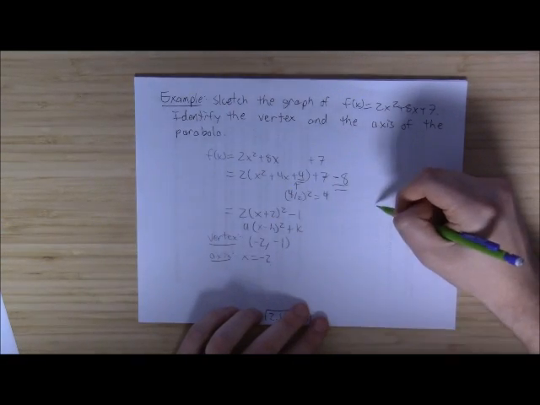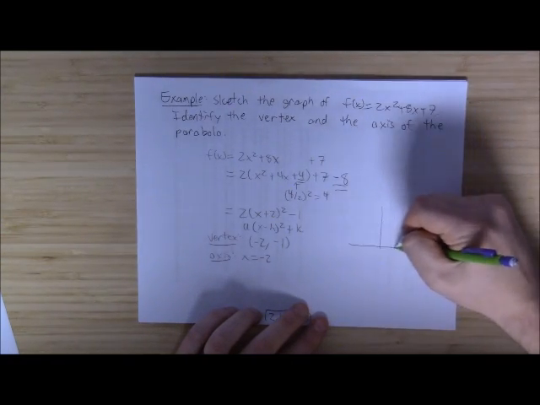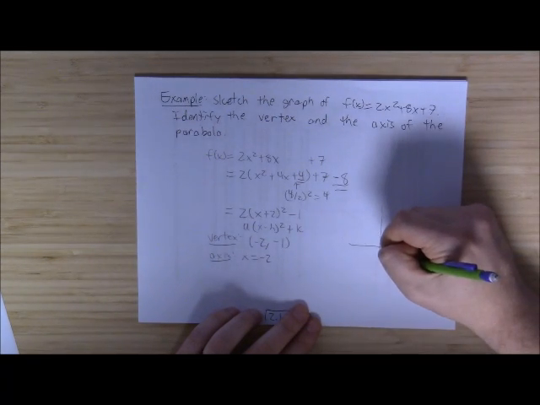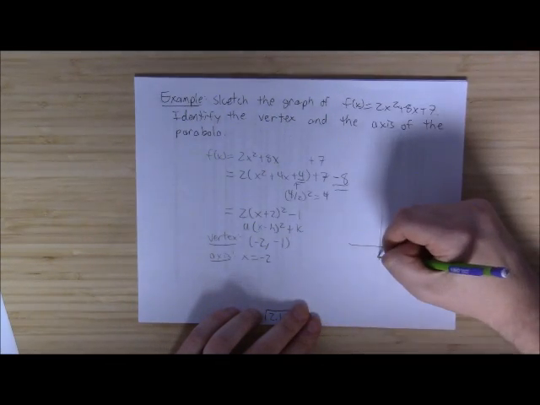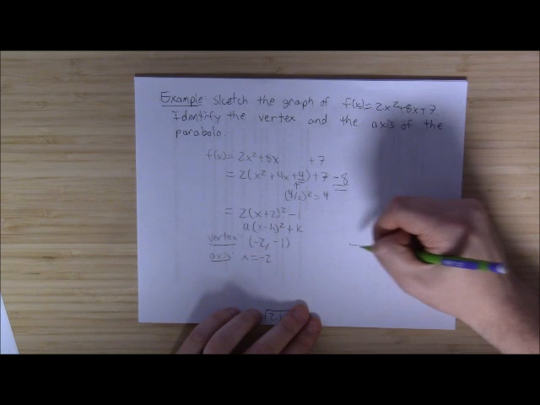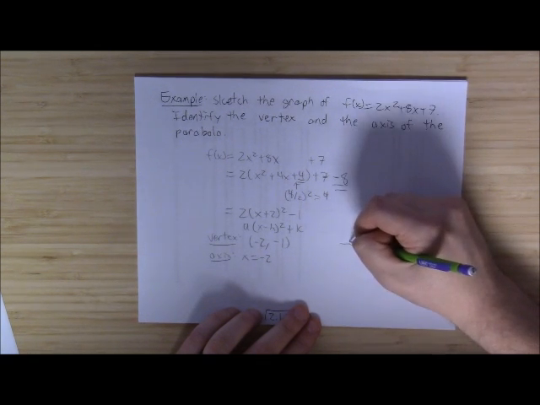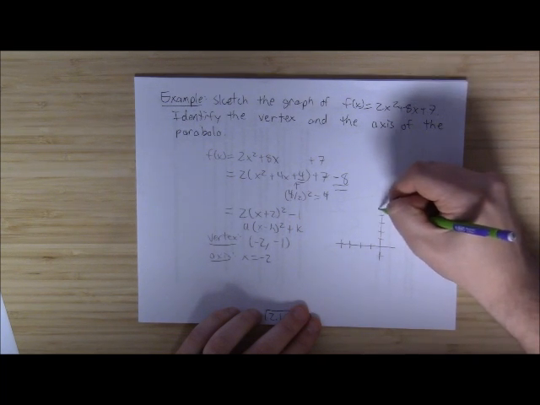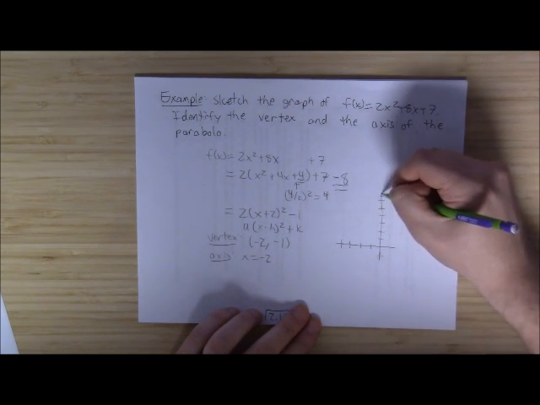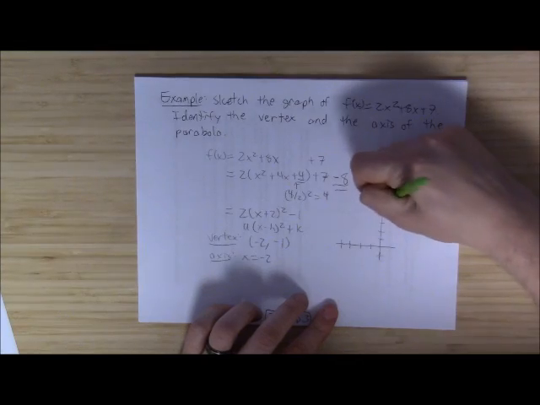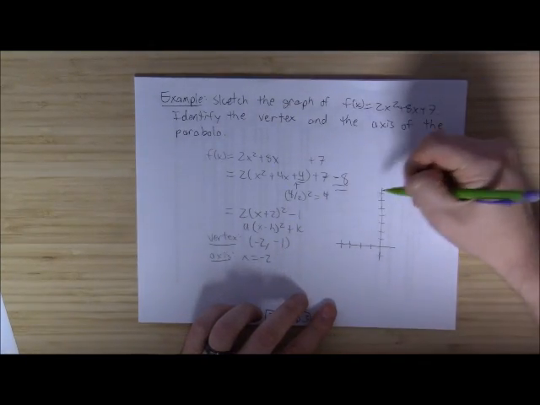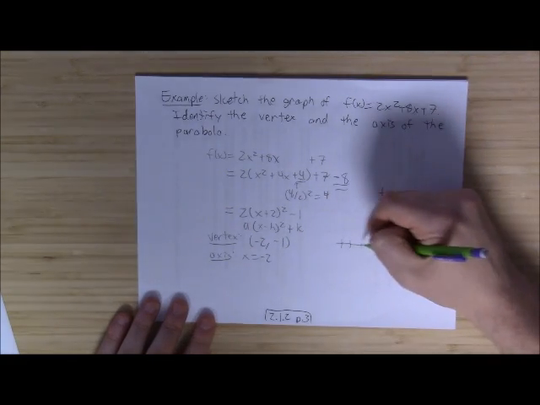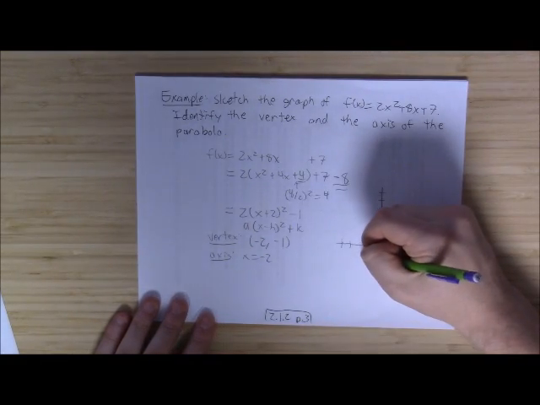Namely, we can now graph the parabola easily. And then we just have to scale it by 2, right? It opens upward. So the vertex is at negative 2, negative 1.